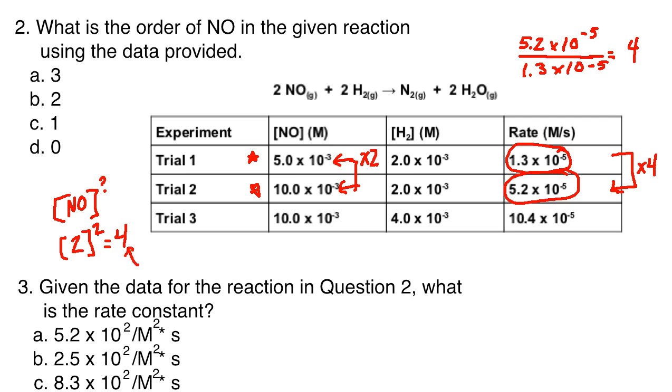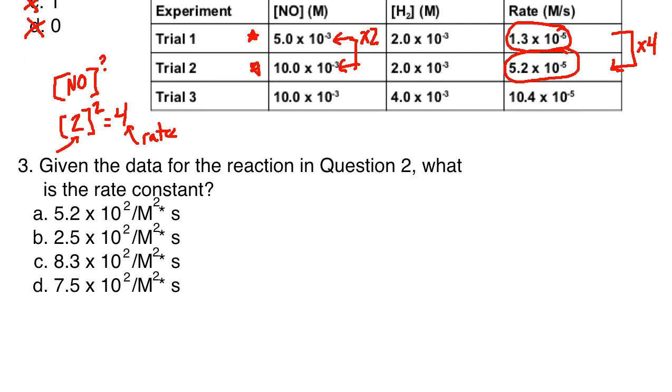So this is going to be the effect on the rate based on a doubling of the concentration. And so the answer here would be B. The order for the nitrogen oxide, we're doing a specific reactant this time, not the overall reaction, is going to be 2. It would be second order with respect to the nitrogen oxide. Now, that's going to be important when we want to solve for 3.